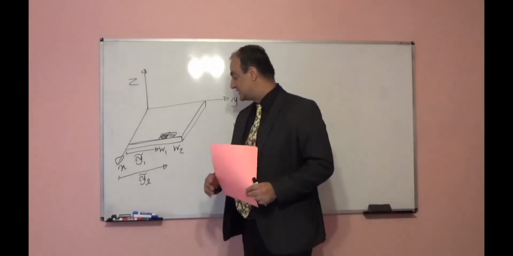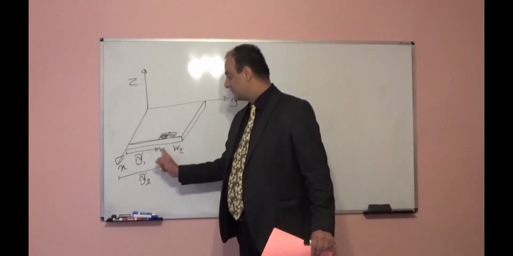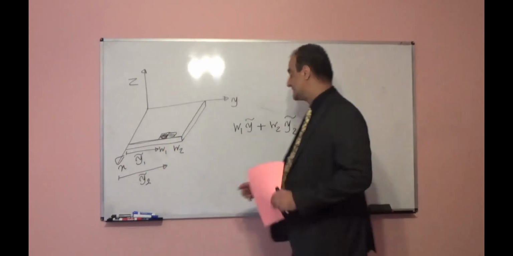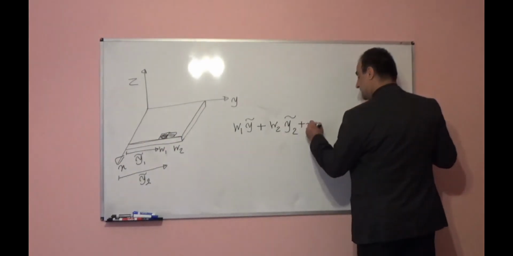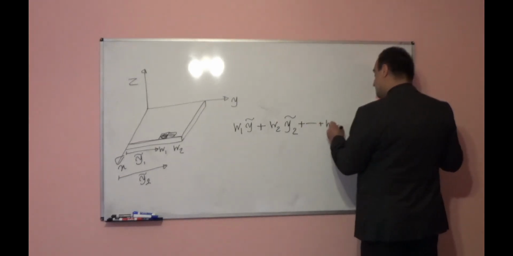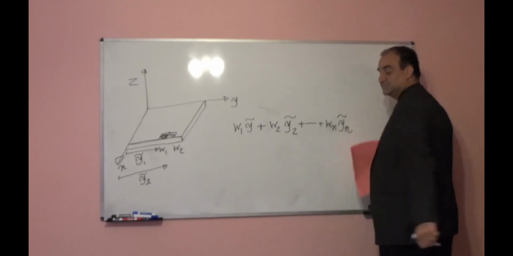So the moment of this segment with respect to x will be W1 times distance, for the second one W2 times distance, and so on. And for segment number n, it will be Wn y tilde n.